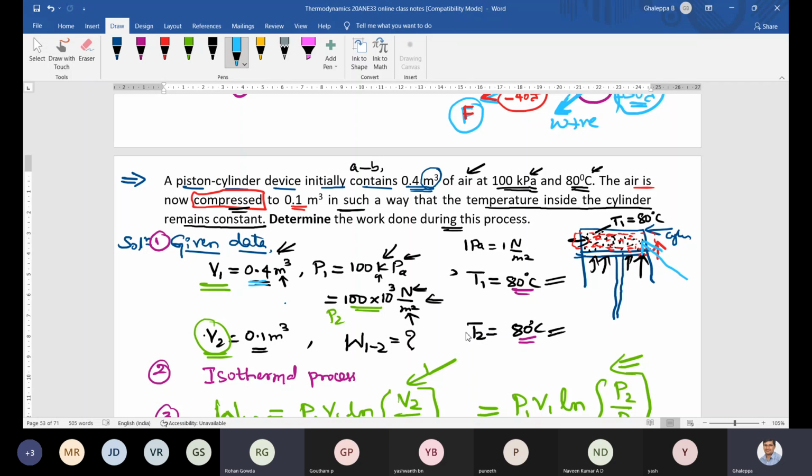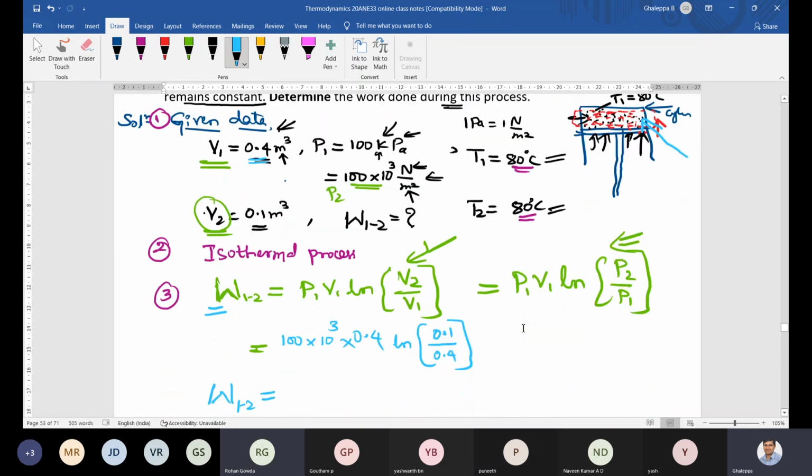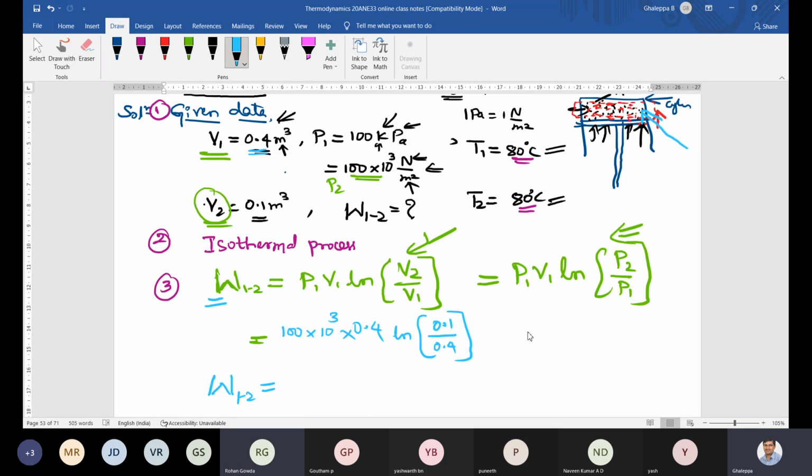Work is done on the system, and work done on the system should be a negative value. If anybody has a calculator, simplify this equation. Sir, minus 55,451 kilojoule. This is the value, so you have to get minus.